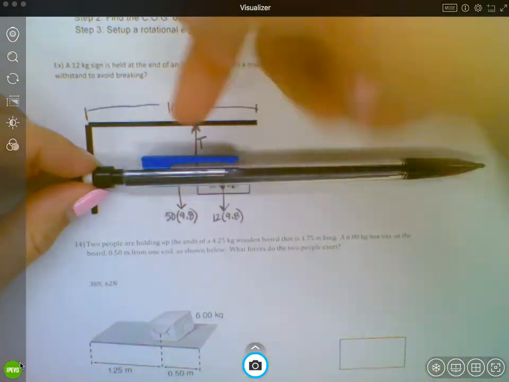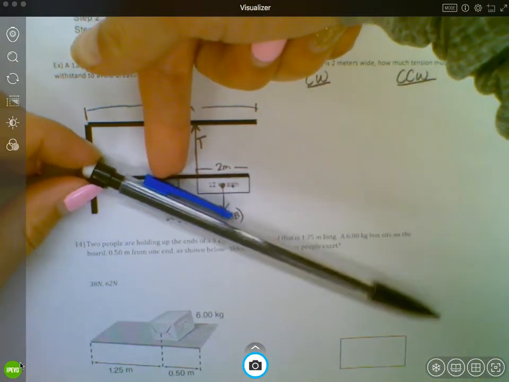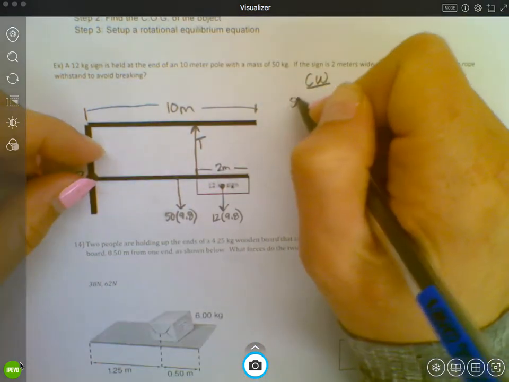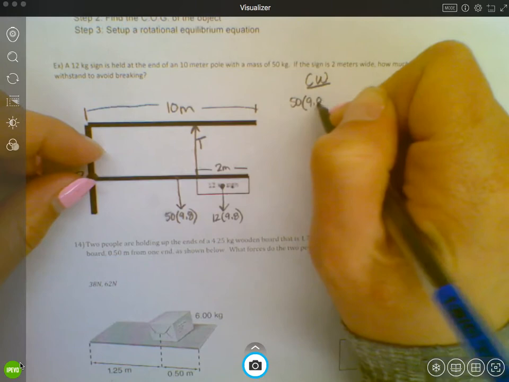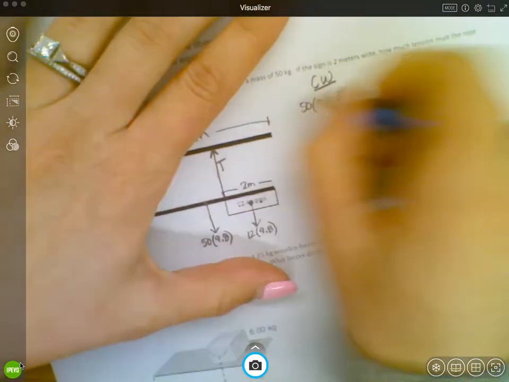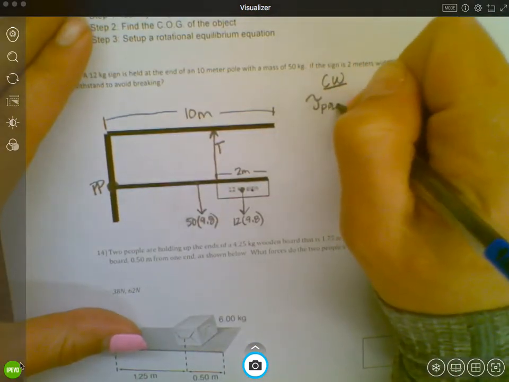If I'm this force, I'm pushing from here, and the pencil rotates clockwise. So that force is clockwise. I'm going to call it the torque of the pole.